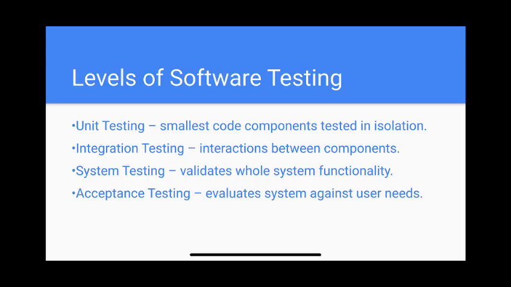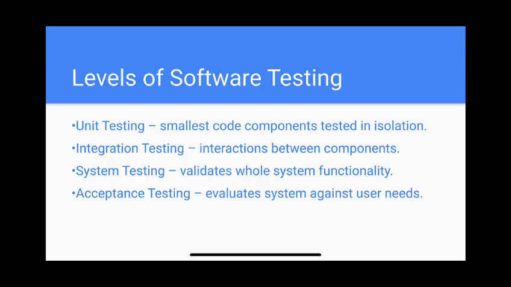Then we have system testing, which is where we test the entire application as one complete system. This includes looking at functionality, performance, security, and other real-world conditions to make sure everything meets the requirements. The last level is acceptance testing.